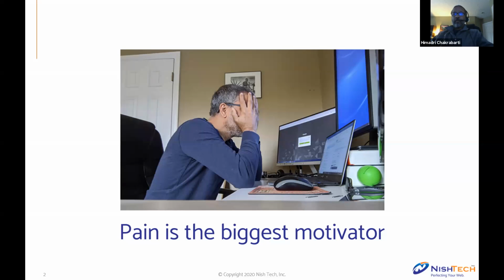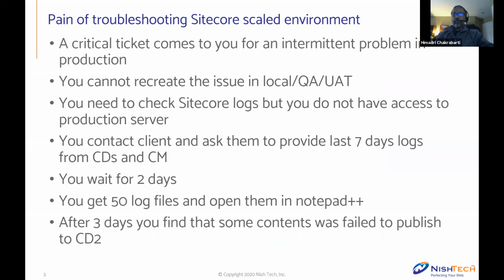So I'll quickly go through a scenario which all of us face in our day-to-day work in Sitecore. As you know, if you have worked on a scaled Sitecore environment, there are multiple environments, multiple servers, and things can get very complex.